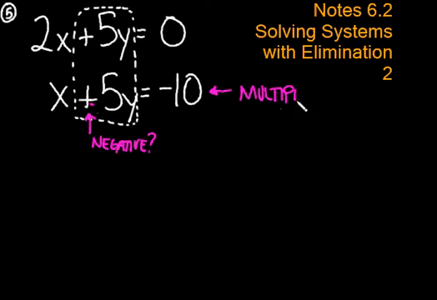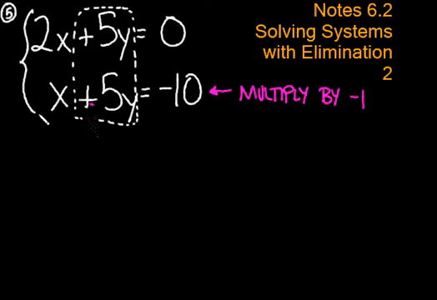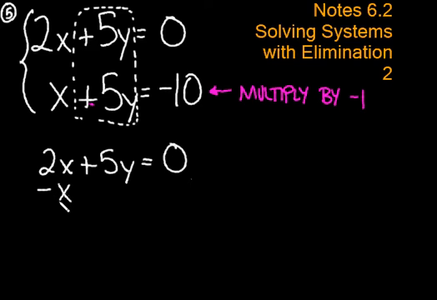So we're going to take this and multiply everything in that equation by negative 1. Why would we do that? When we multiply by negative 1, we get a fresh equation, and all the signs are switched.